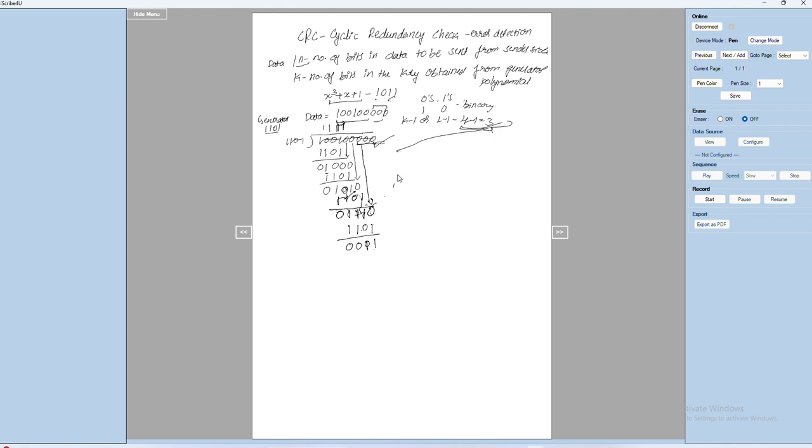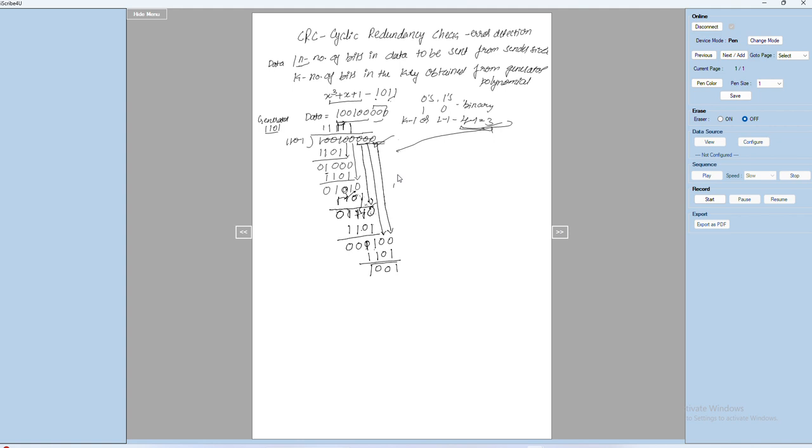As I told before, we are going to consider from the 1, because 1 is the most significant value. After 1 we have only one more digit, then only two digits we have. So at a time I can take a carry 2, 1 1 0 1, 1 0 0.